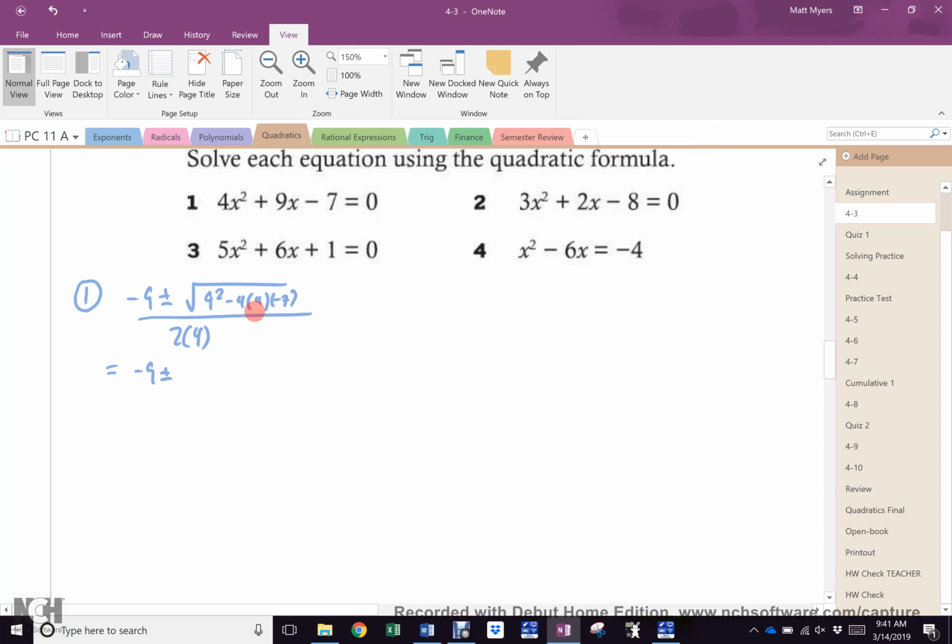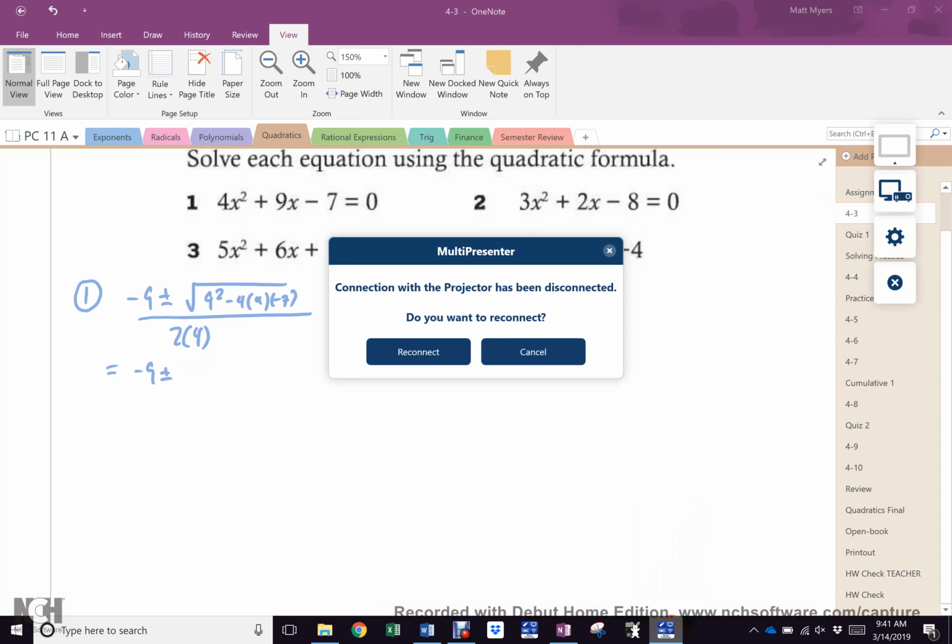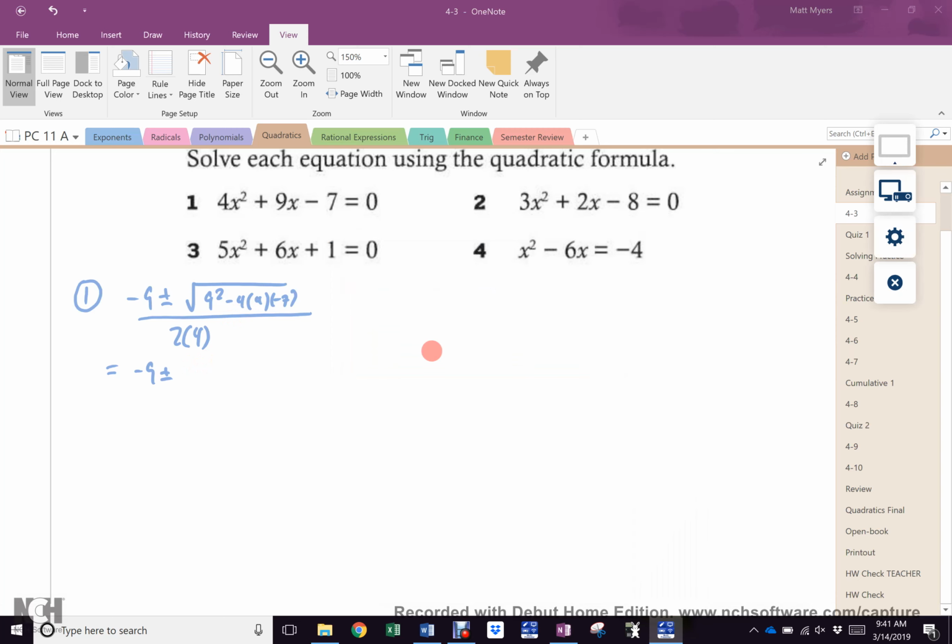Oh, 28 times 4 is 112. Brain turned to mush. Yep. Plus or minus root 193 over 8. That's the answer.